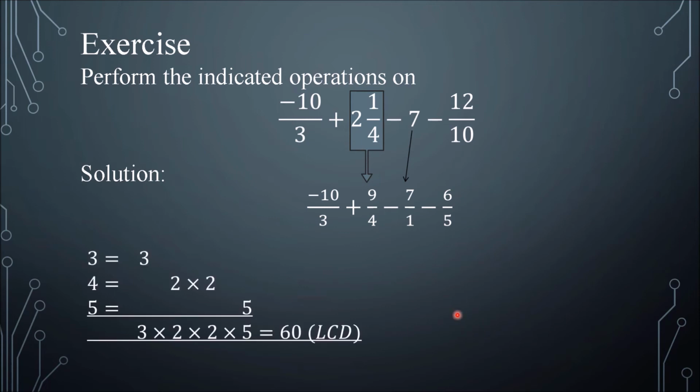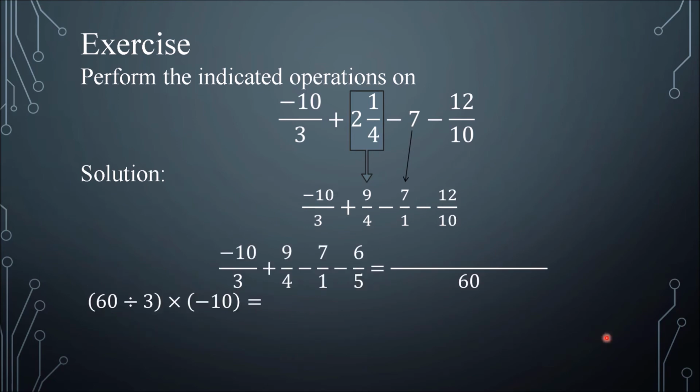Now we'll get the LCD of 3, 4, and 5. So we disregard 1. So 3 is equal to 3, 4 is equal to 2 times 2, 5 is equal to 5. And then bring down 3, bring down 2, bring down 2, and then bring down 5. The LCD is 60.